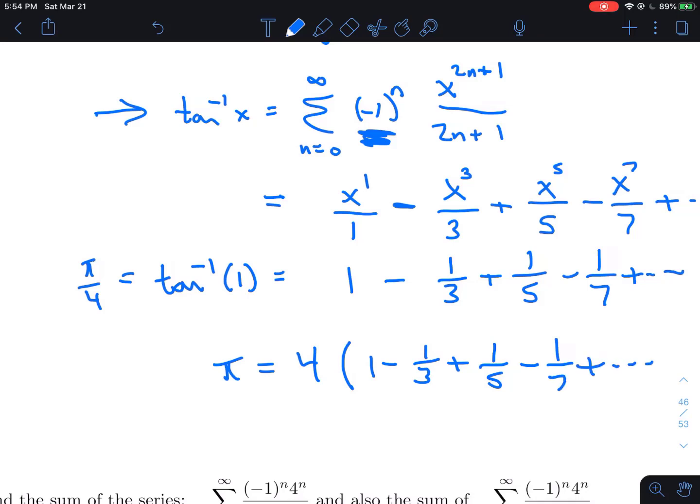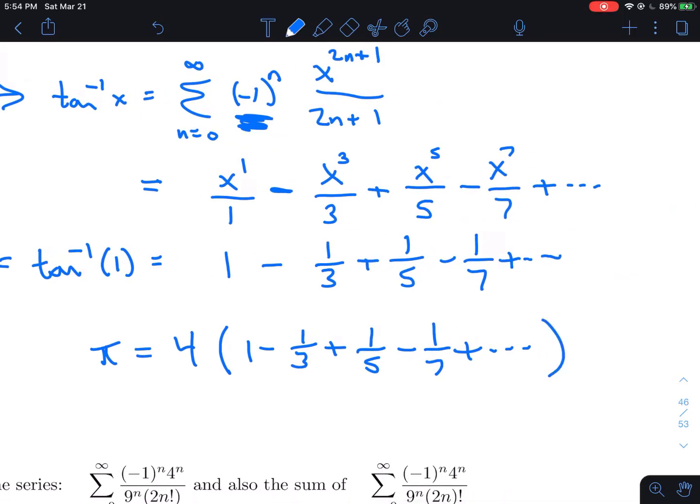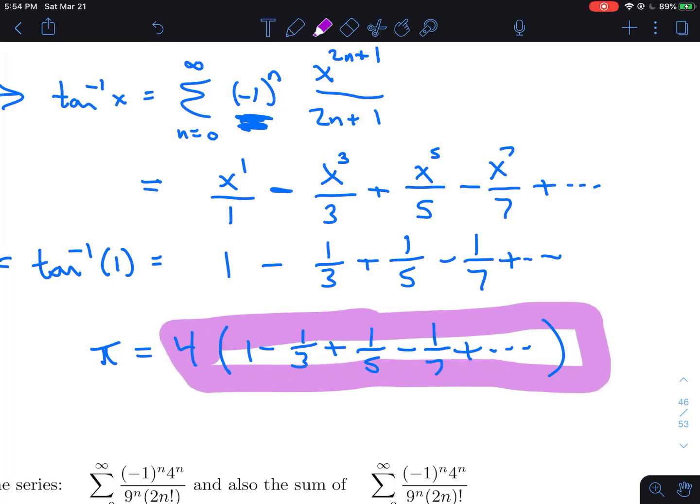This is going to be an approximation for pi. And you can get as good of an approximation as you want by just adding and subtracting these reciprocals of odd numbers. So again, a remarkable thing. A very famous type of problem, and this is where it comes from. It's just the power series expansion for tangent inverse.